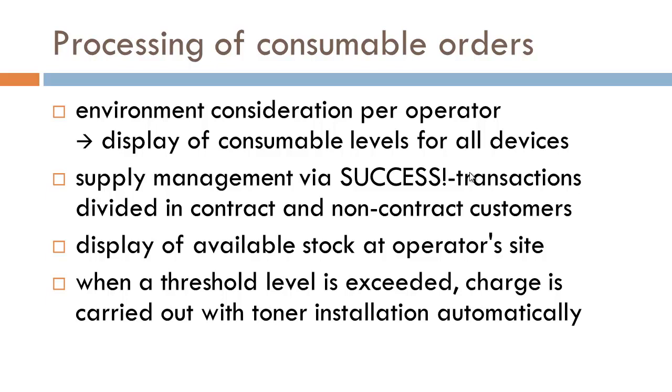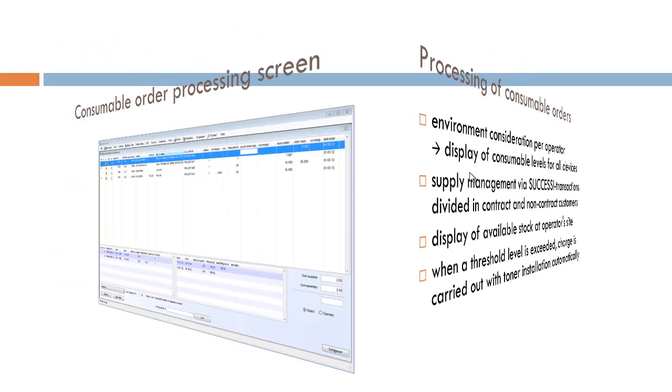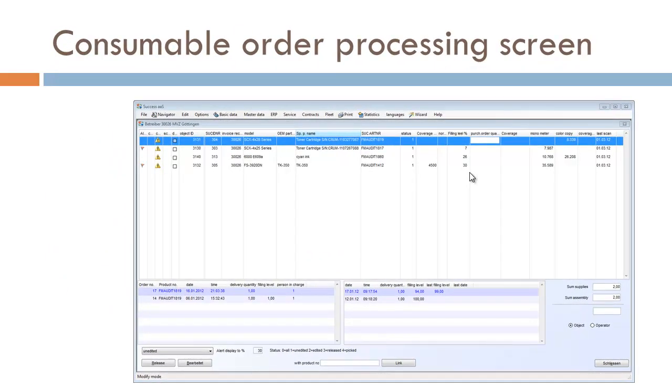We have a threshold level that says, if this jumps over, as an example, 80%, then we know that the customer has installed the toner into the system, and we reduce the stock at the operator side and put it directly as costs onto the machine. Sounds complex, but it's very easy at the end.